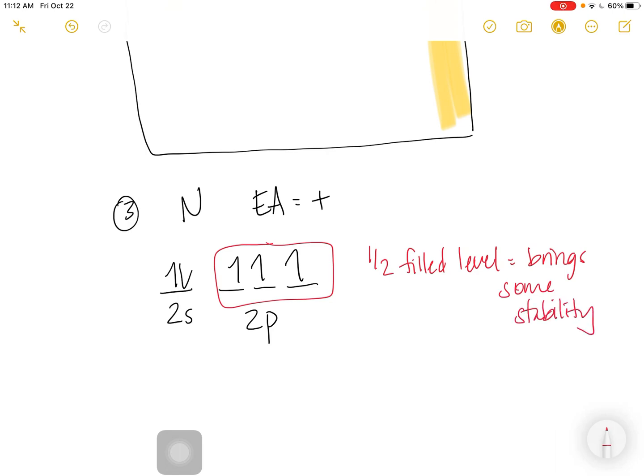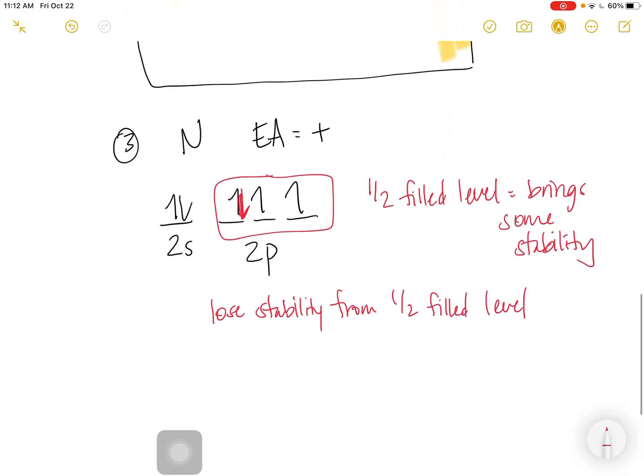Okay, so if we tried to give nitrogen an electron, it would break that stability, because now I have more than a half-filled level. Okay, so because we would lose the stability from the half-filled level, nitrogen says, I don't want to do this.